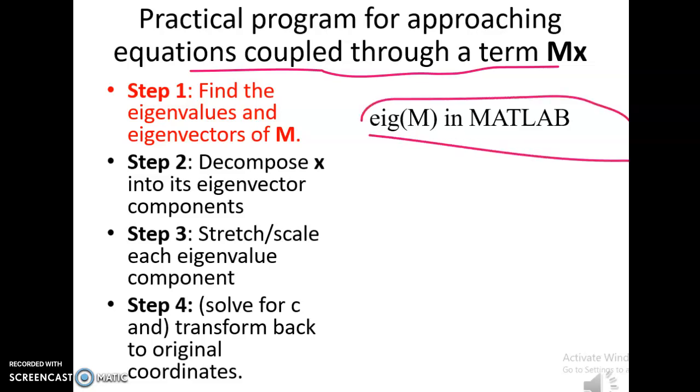Step 1, find the eigenvalues and eigenvectors of M. Step 2, decompose x into its eigenvector components. Step 3, scale each eigenvalue component. Step 4, solve for C and transform back to original coordinates.